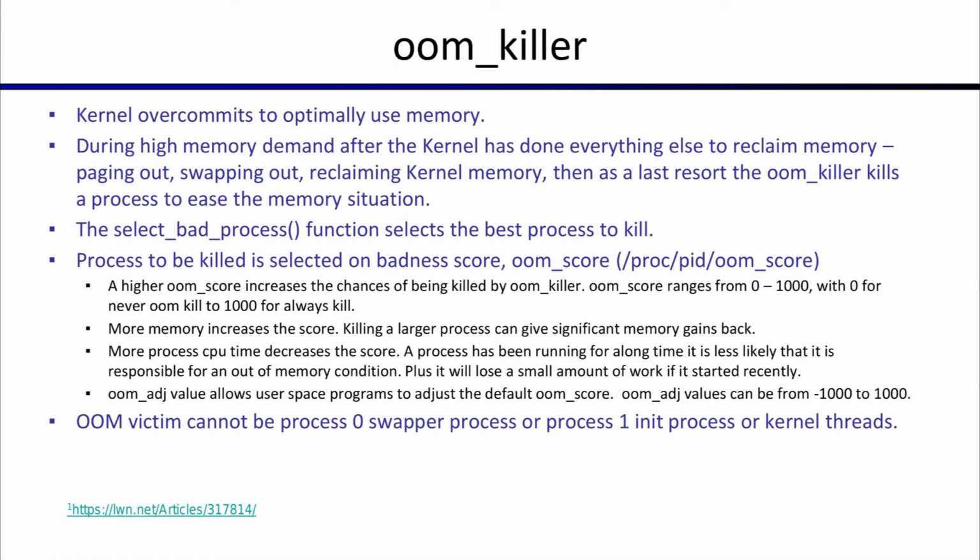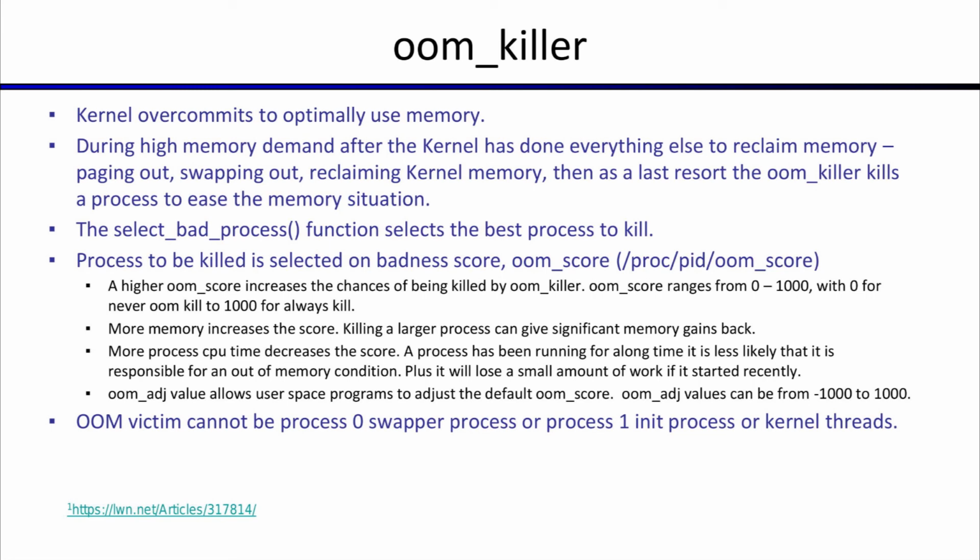The higher the out of memory score, the greater the chances that you are going to be killed by the kernel when there is a problem with memory on the system. The highest score is 1000, which means you will definitely be the one or one of the ones to be killed. And the lowest score is 0, which means we will not kill you. And everything else can be in between.